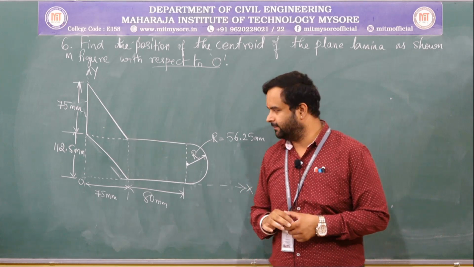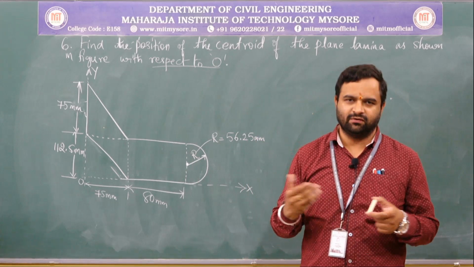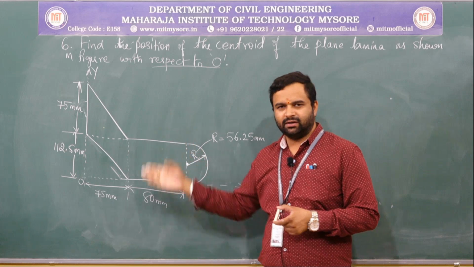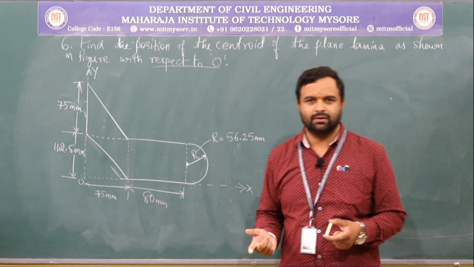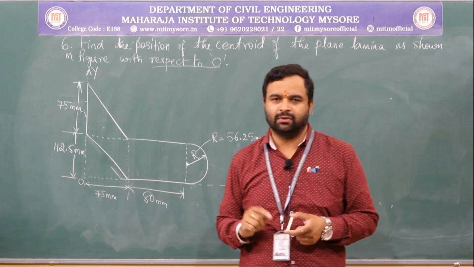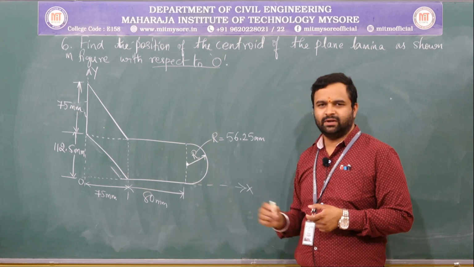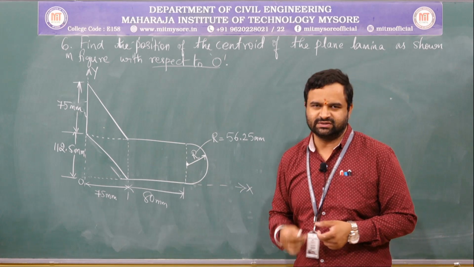No. Then second step is divide this into number of known components, or the second step will be writing the reference axis. Since the reference axis is already given, I did not mention it in second step. So, the second step will be dividing this lamina into number of known components.